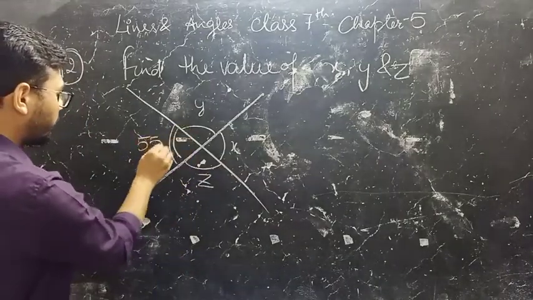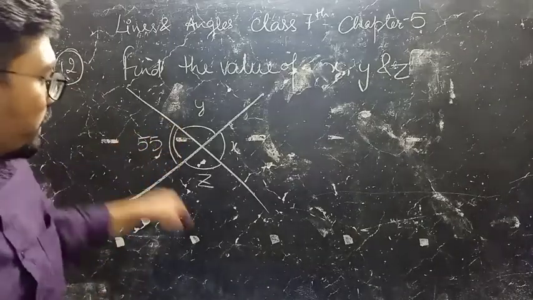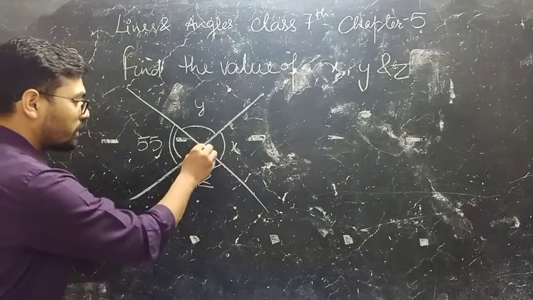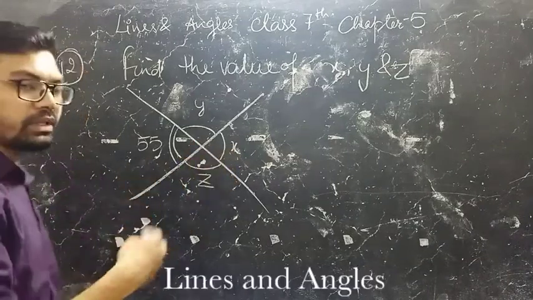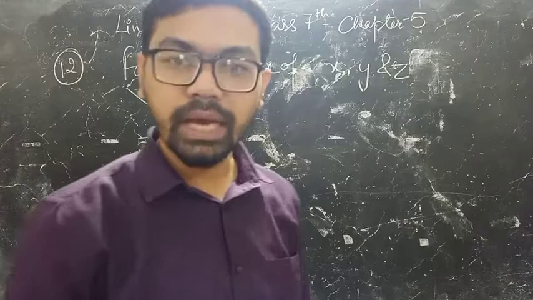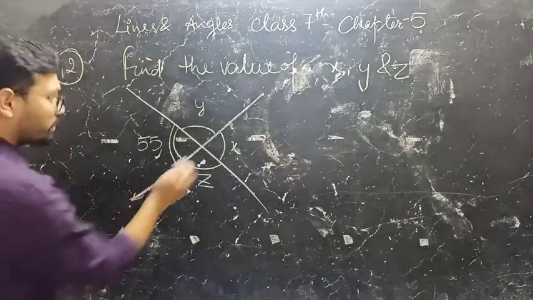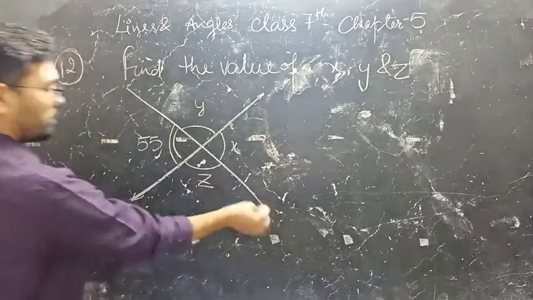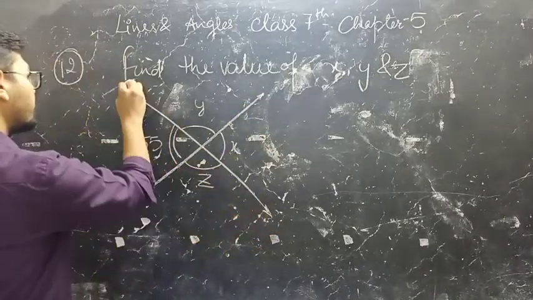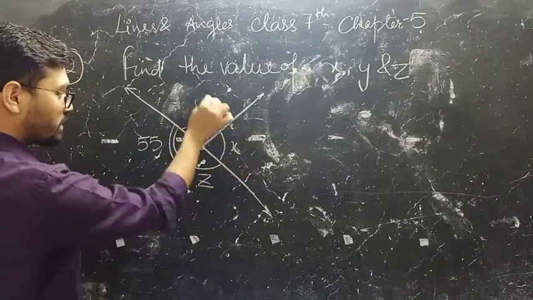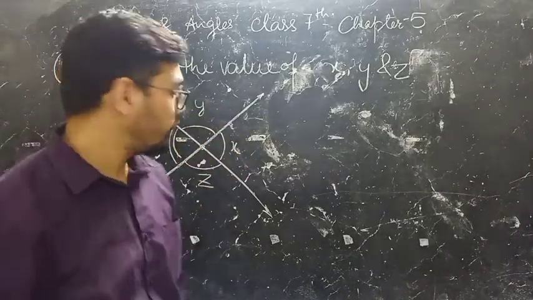Now, if this is 55 and two lines are intersecting each other at this point, then x is equal to 55. The reason is these are vertically opposite angles. In the question, you have two line segments intersecting at a point. This is x, this is y, this is z that we need to calculate, and this angle is 55.